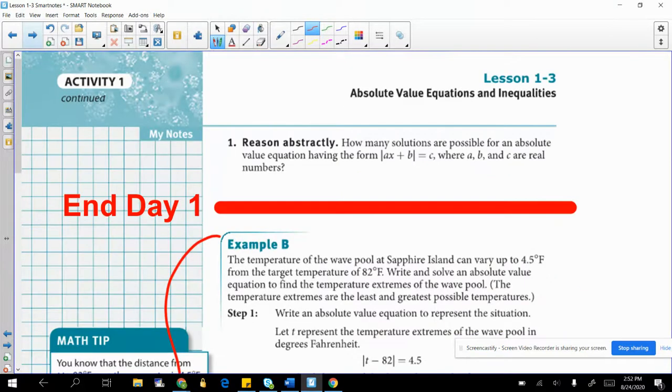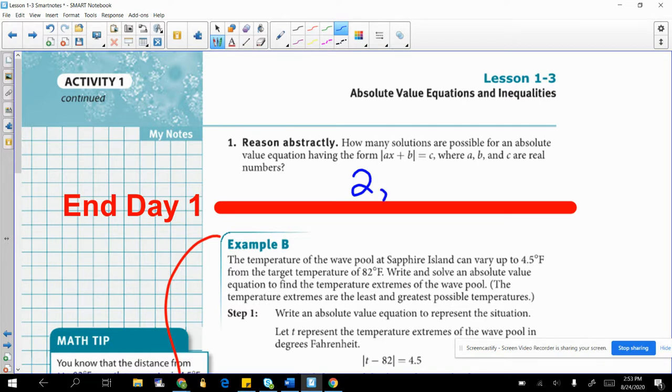Last thing we're going to talk about on the next page, number 1 asks how many solutions are possible for an absolute value equation having the form of what we were just doing. And obviously, we saw the first 3 examples had 2 solutions, from setting it positive and setting it negative.